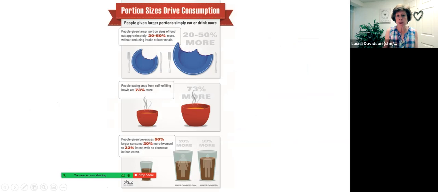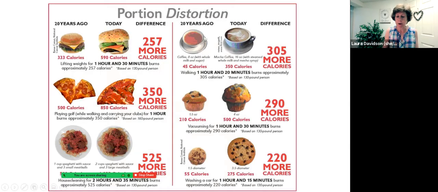And what we know about human behavior with regards to food is that we tend to eat more with our eyes and pay less attention to the signals that our body gives us. So if we're given a portion that is double what our body actually needs, we will be eating more than our body needs. And that's become a problem.